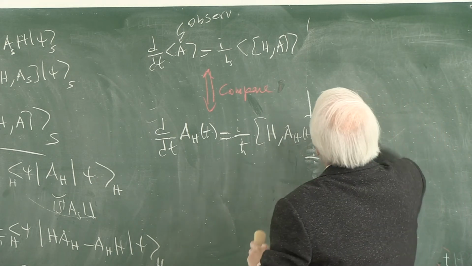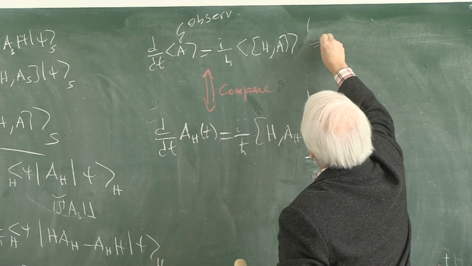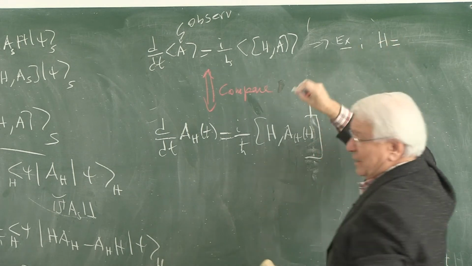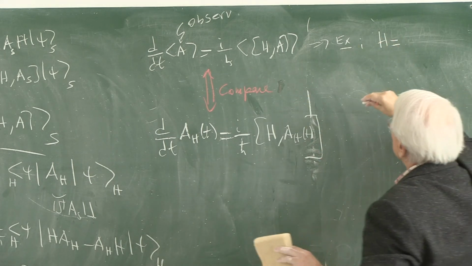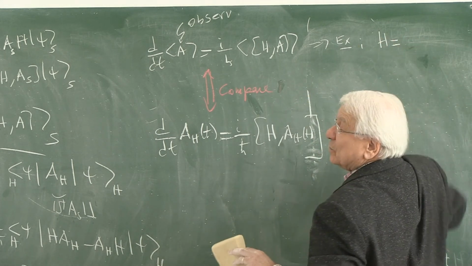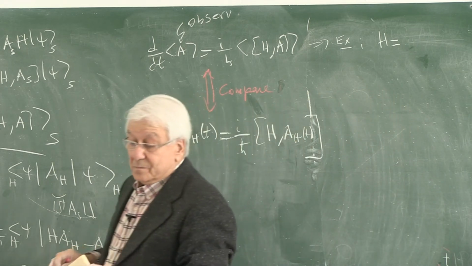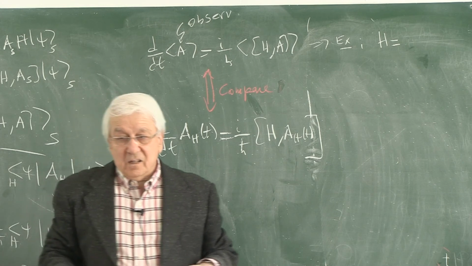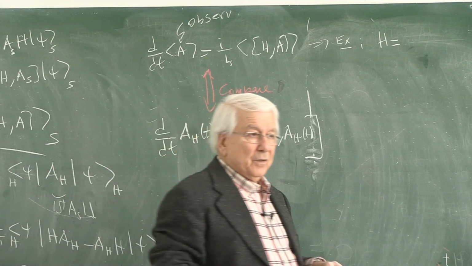If you have, for example, H, again, let me do it three-dimensionally, because one dimension is too easy. No, let me do it one-dimensional. I'll assign you a private homework to do it three-dimensional.